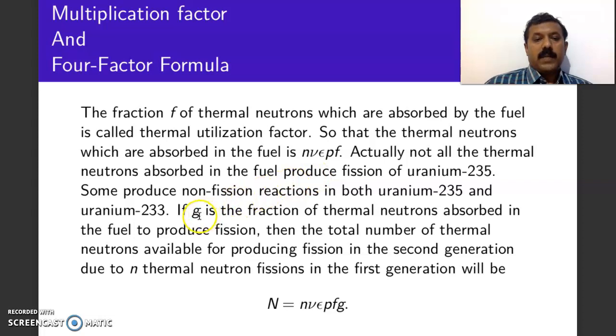Now, if we assume G is the fraction of thermal neutrons absorbed in the fuel to produce fission, then the total number of thermal neutrons available for producing fission in the second generation, due to n number of neutrons in the first generation, will be equal to capital N. That can be written as n nu epsilon P F G, where n is the number of neutrons that was available in the first generation.